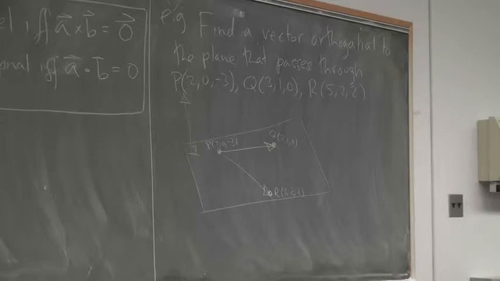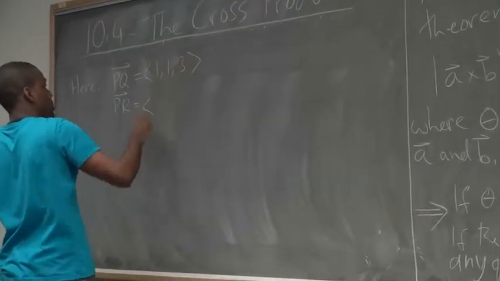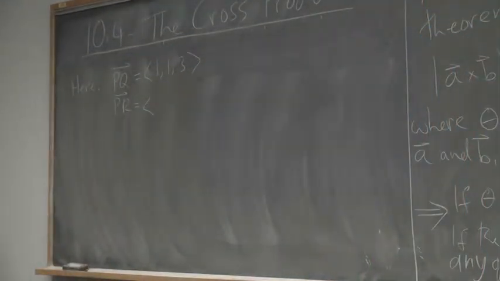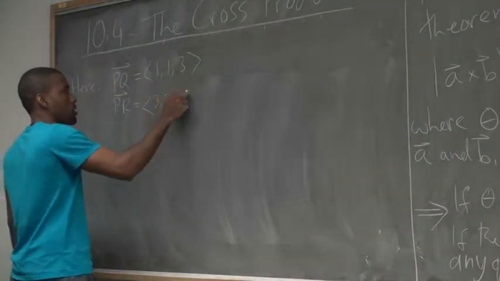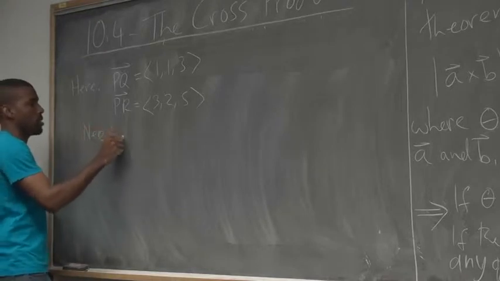So here I take PQ and I take PR. PQ would be what? 1, 1, 3. PR would be what? 3, 2, 5.